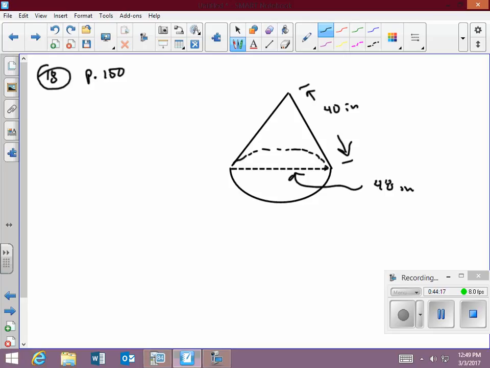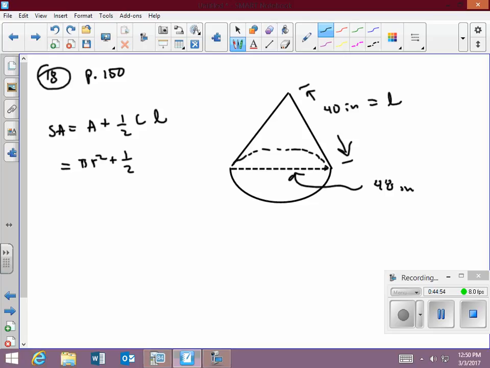Now those handout sheets that I gave you, they got formulas, so you're going to have to kind of know where the formulas are that you're going to have to use. And so the surface area is the area of the base plus 1/2 the circumference times L. So the area of the base is going to be pi r squared, right? 1/2.